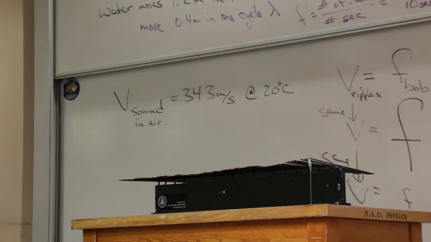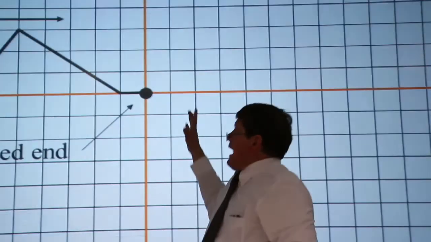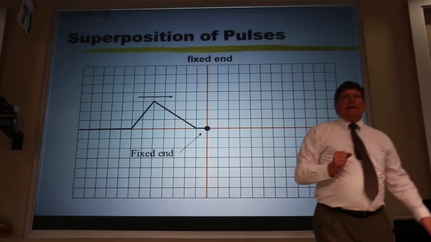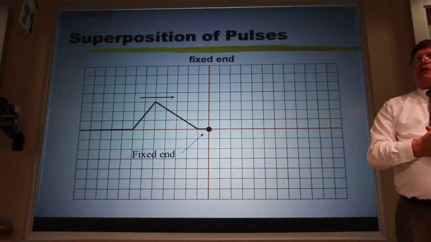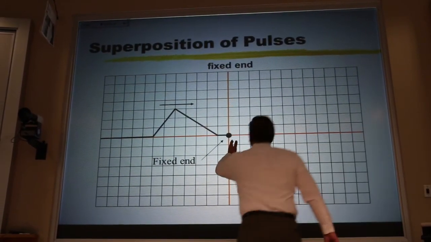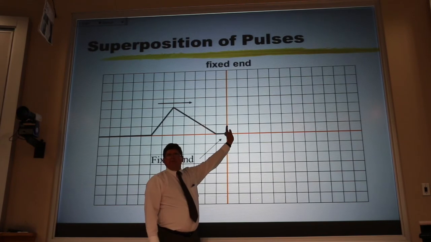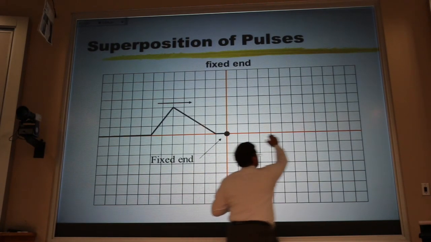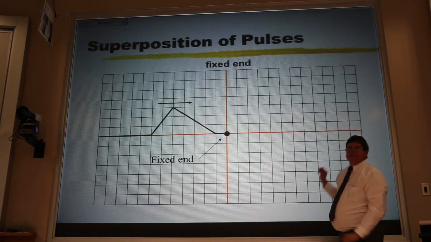Here's how we do it. As the pulse comes in on the top, this point never moves, and a pulse comes back, reflects on the bottom. We can get that same result by pretending that there's not a wall there. There's no cockroaches behind the wall. And that the string keeps going behind the wall.